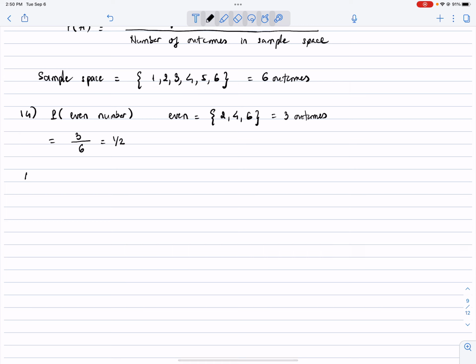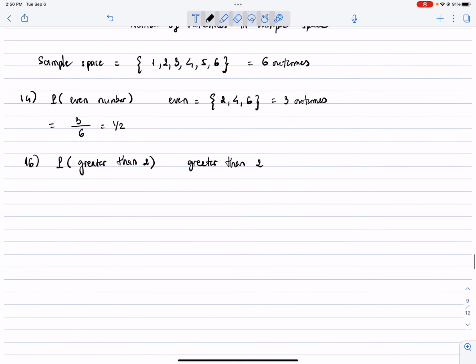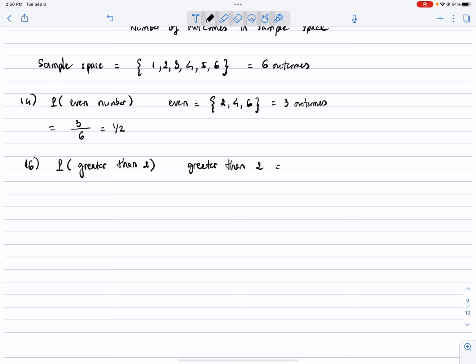Number 16. What is the probability that the number is greater than 2? So the event is greater than 2. You have 6 numbers from 1 to 6 on the die, and the numbers that are greater than 2 are 3, 4, 5, and 6.